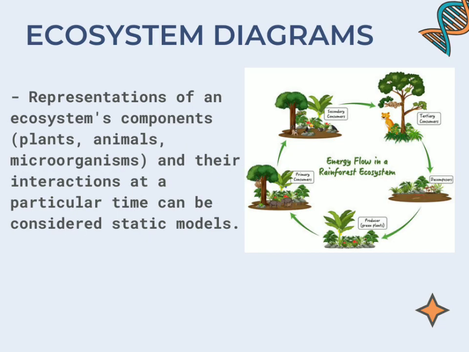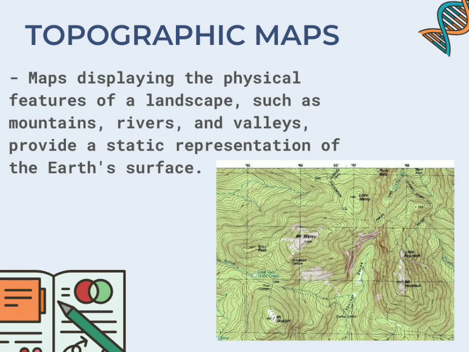Another example is ecosystem diagrams. Representations of an ecosystem's components, plants, animals, microorganisms, and their interactions at a particular time can be considered static models. Next are topographic maps.